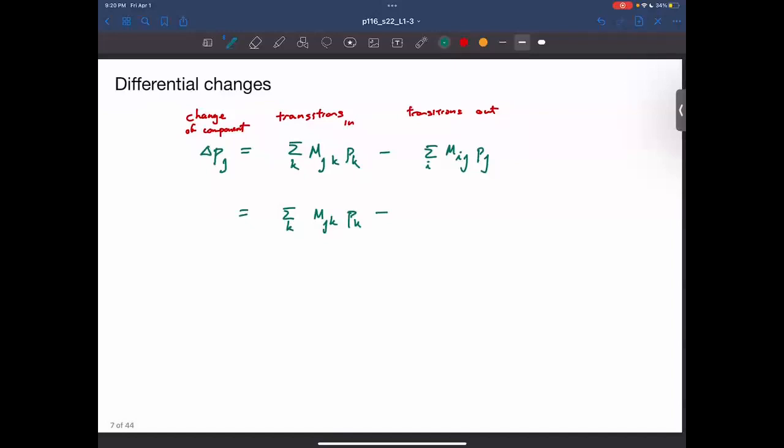So now we're going to do the sum over i of M_ij. But now we want everything to be in terms of the same variable, so I'm just going to write down delta_jk. I'll put down a p_k, the sum over k. Nothing too cheap. Now we can pull out the k, we can pull out the p_k.